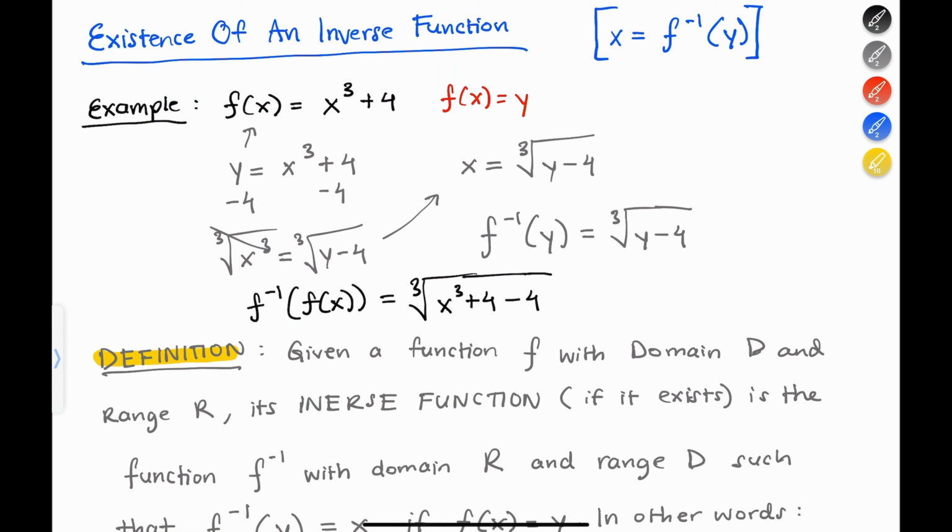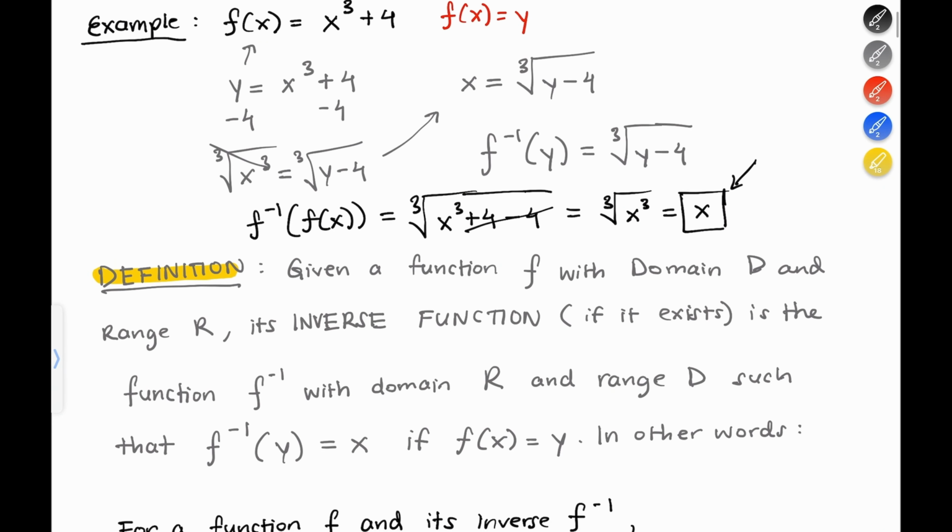So these 4's cancel out, and we're left with the cube root of x cubed, which is just equal to x. Whenever you take the inverse function of your original function, you will always, no matter what, get an answer of x as your output.